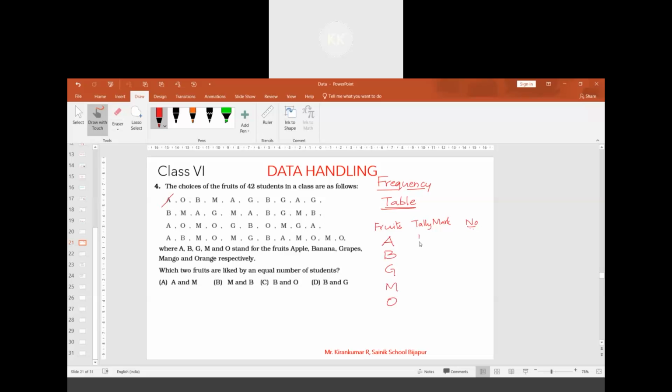Here I will mark one vertical line, one more vertical line, or we can go in a row. Shall we go row wise? Here 1, B; here 1, M; here 1, G; 1, B; 1, G; 1, A. A is there here, G is there here.